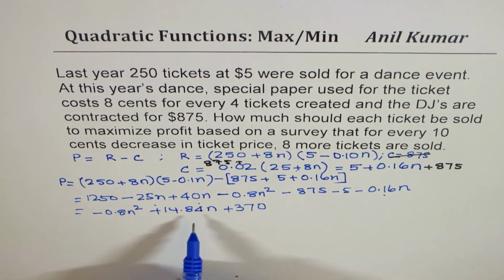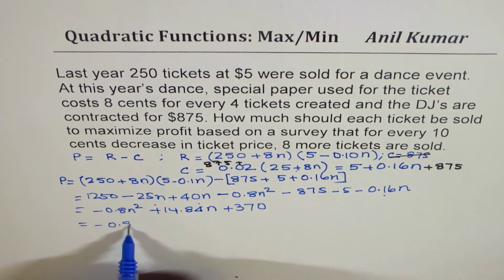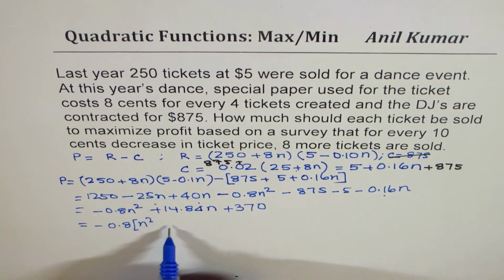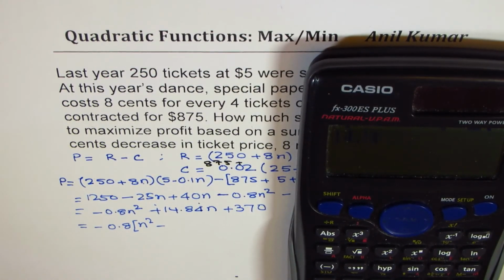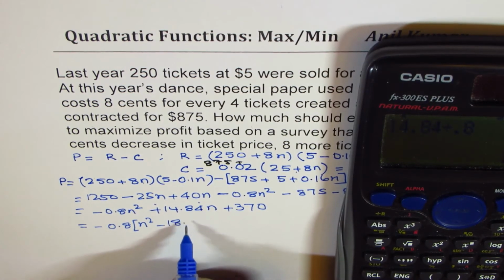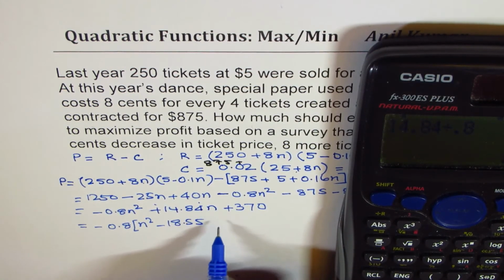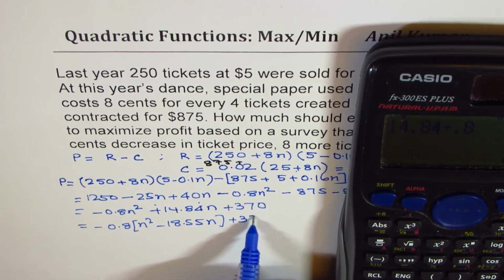To maximize, we'll do completing the squares, right? So we could write this as minus 0.8 common, n square minus. So let's divide 14.84 by 0.8. We get, in decimals, 18.55n, right, plus 370.